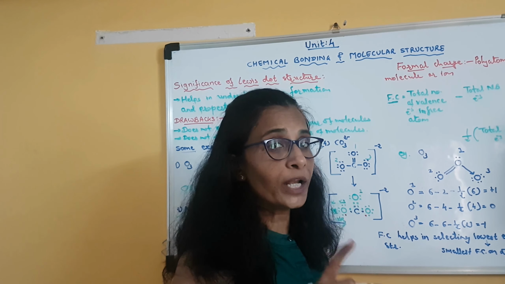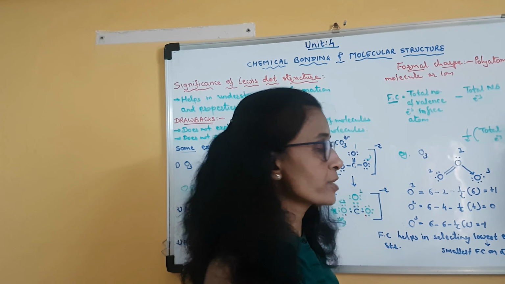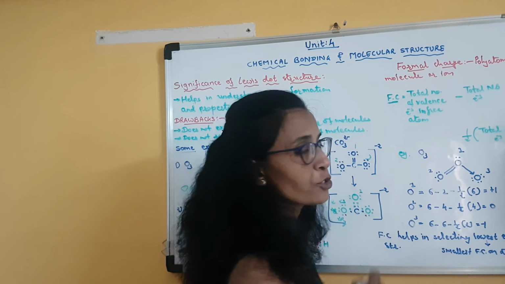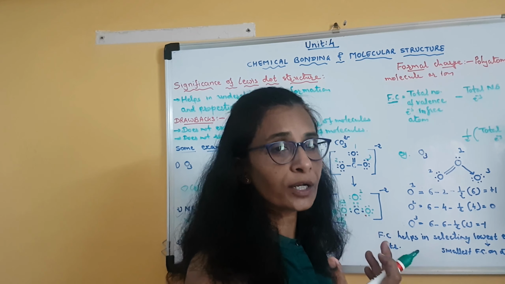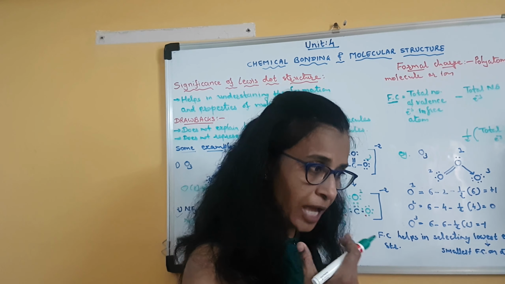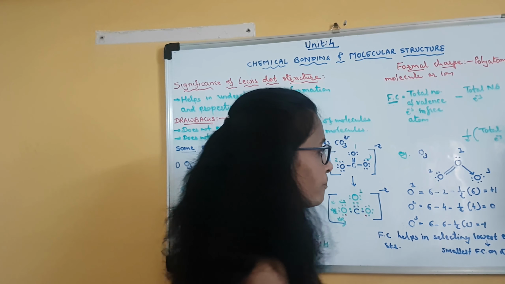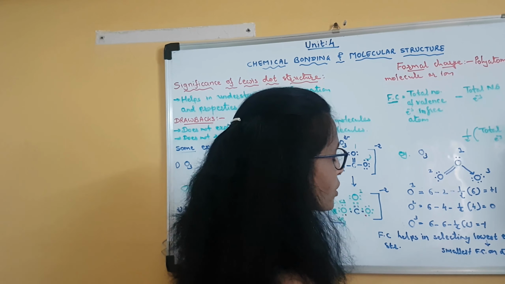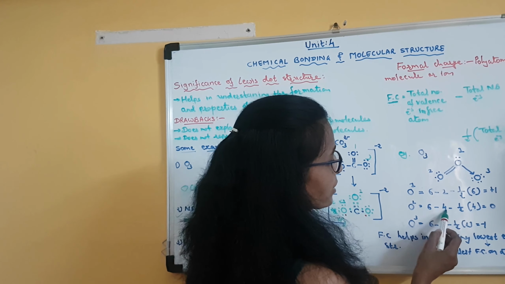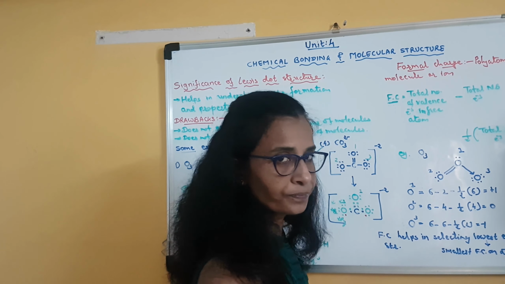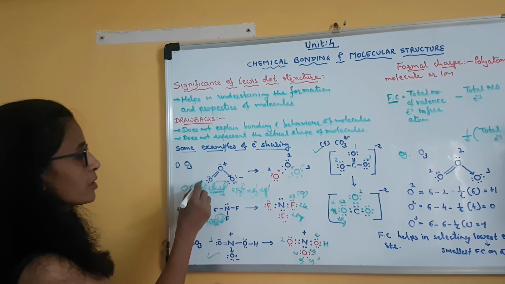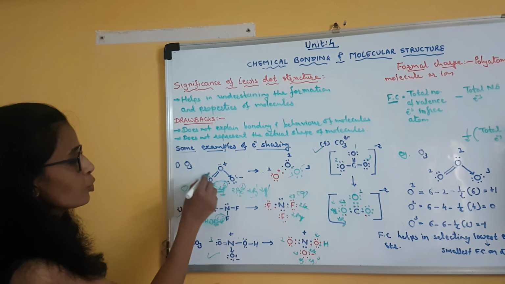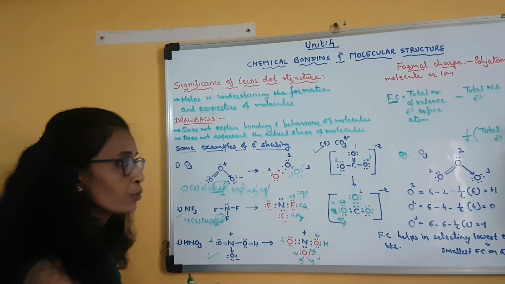Clear? 2 electrons in each, means 2 2s are 4. So total 4 electrons it is having in its bonding form. Clear? So 6 minus 4 minus 2. Clear? So it is 0. And that is why here you can see on the second oxygen atom there is no charge. So it is 0 charge.